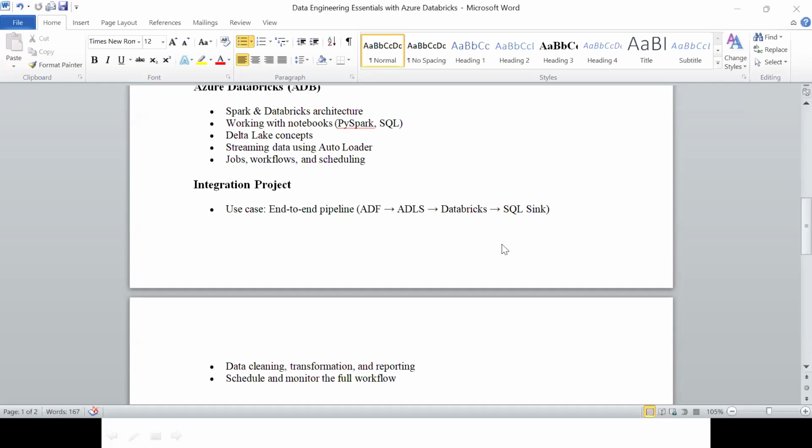And one generic question, if you don't mind. Based on the market, what is your take on data engineering with Azure versus data engineering with AWS? It depends completely on the organization. Most of them are using Azure.